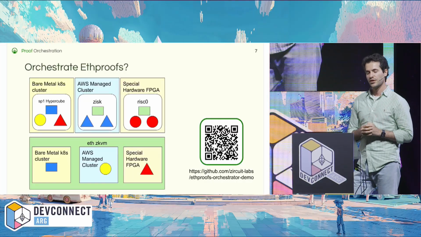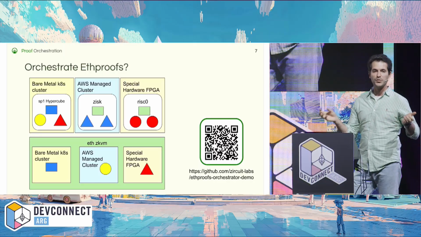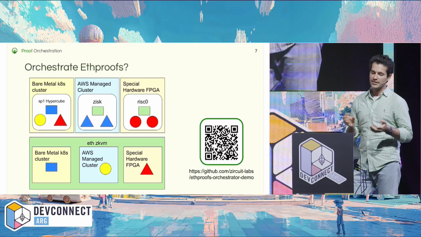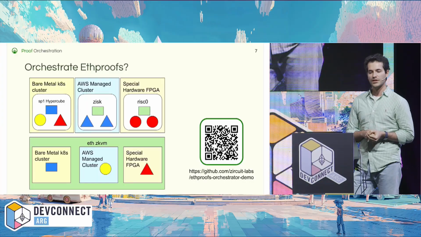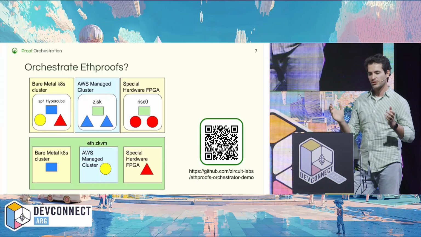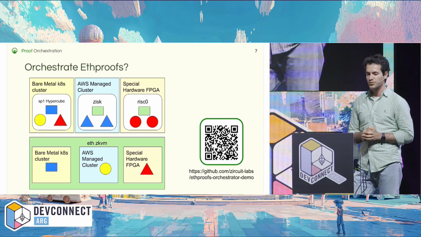Each piece of this operation could be executed on various hardware. So basically, you could have a piece of your proving pipeline that sits on Kubernetes bare metal. You could have a piece of your operation that sits basically on an AWS managed cluster, or you can have your special hardware or a machine or a cluster that has so many GPUs thrown at it.